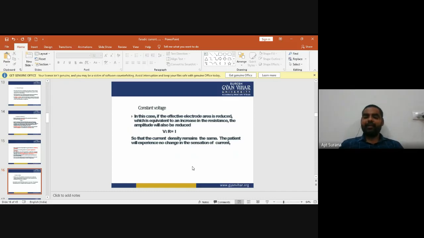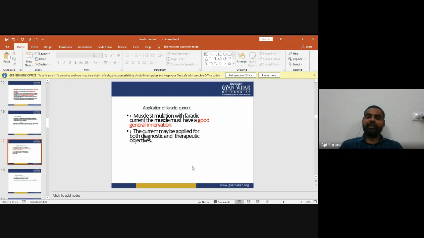V over R is equal to I, so the current density remains the same, and the patient will experience no change in the sensation of the current.